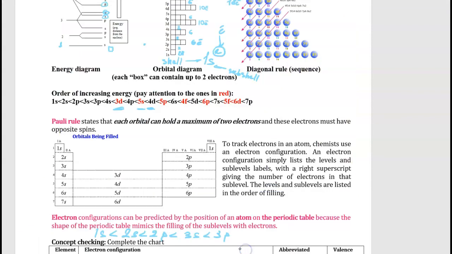And in your handout, there is a picture which shows that using the periodic table it is very easy to tell what subshell is going to be filled. Okay?